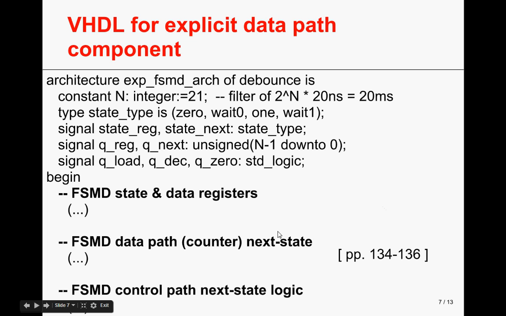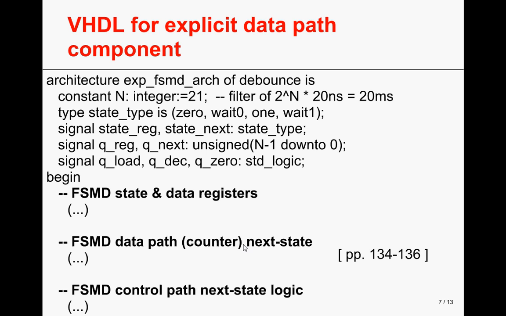And basically, as you already know, the explicit datapath component consists of separating the datapath of the FSMD and specifying individual sections of code for the datapath of the FSMD and for its control path. So if we separate the VHDL sections for these two blocks, then we will be using an explicit datapath approach.